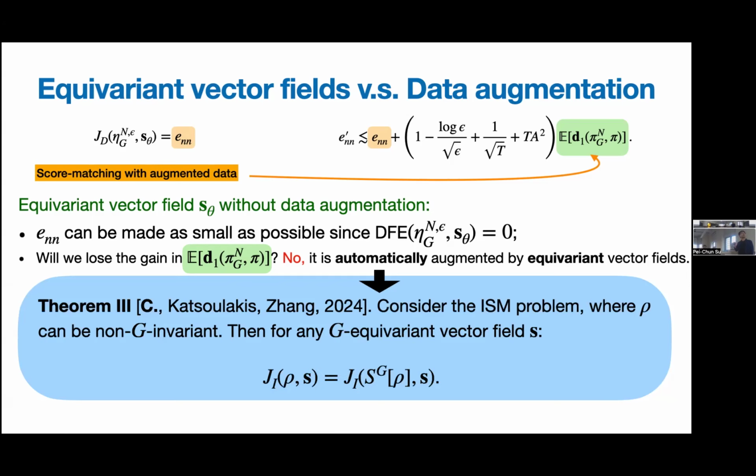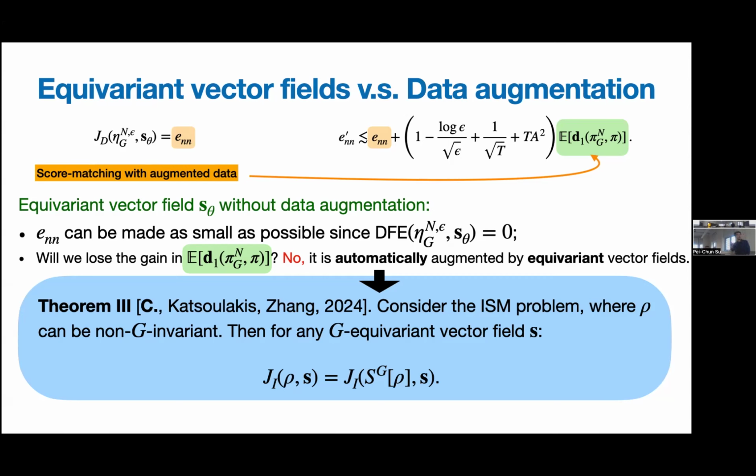So consider the ISM problem. ISM, if you remember in the early slides, is equivalent to DSM up to some constant that is independent of the score S. So consider the ISM problem where rho can be non-G invariant. Then for any G equivariant vector fields S, we have these two objective functionals are equal.